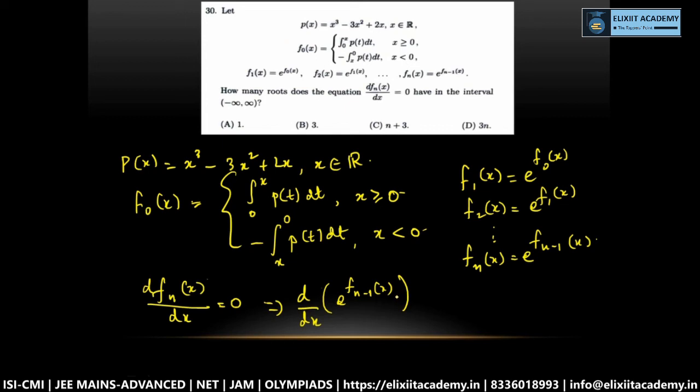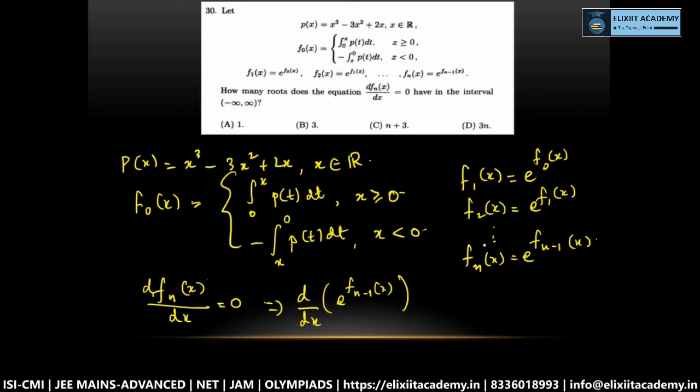Then again, this process will continue. If you keep on finding the derivative, it is e to the power fn minus 1x multiplied by fn minus 2x.